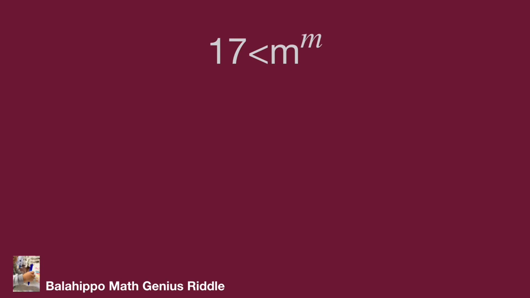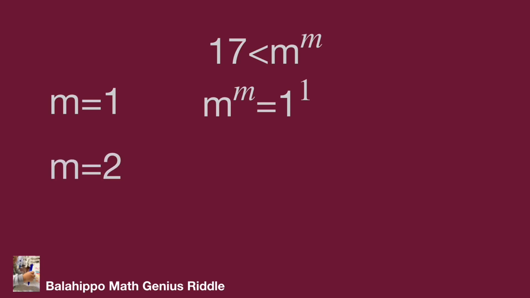Next, to check if m is less than or equal to 5. While m equals 1, 1 to the power 1 equals 1, which does not meet 17 less than m to the power m.